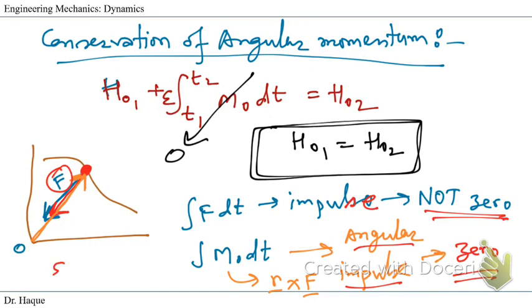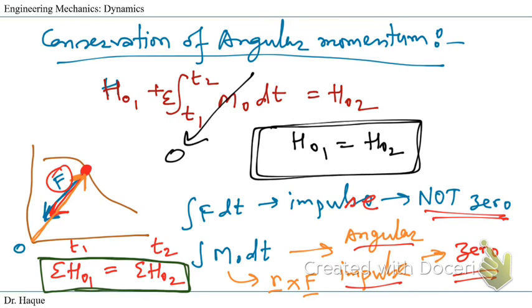That implies the angular momentum before time t1 and after time t2 could be conserved, though there was a force acting, but it was acting along the direction of the point where you're taking the moment.